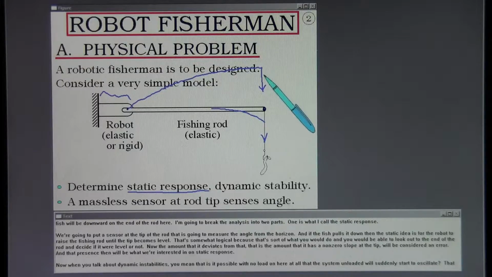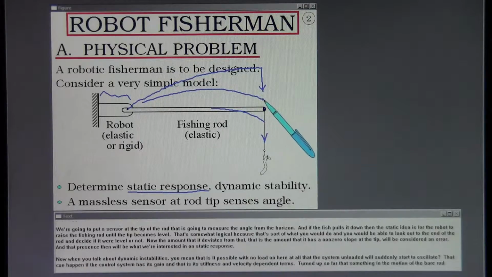Now the amount that it deviates from that, the amount that it has a non-zero slope at the tip, will be considered an error. And that presence then will be what we're interested in on static response.